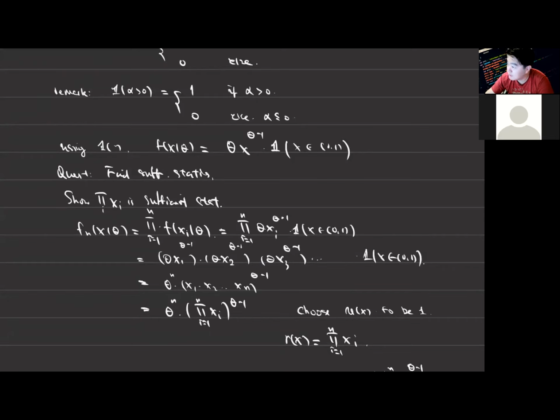All right, awesome. So let's take a look at another problem. The next problem on my notes is uniform. Okay, so let's continue from here. The next problem is example 7.7.5, and this example is sampling from a uniform. It's the exact same setup.